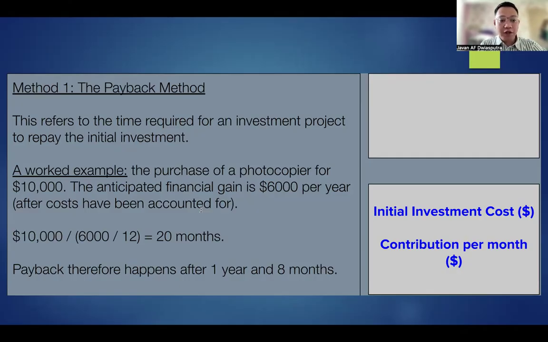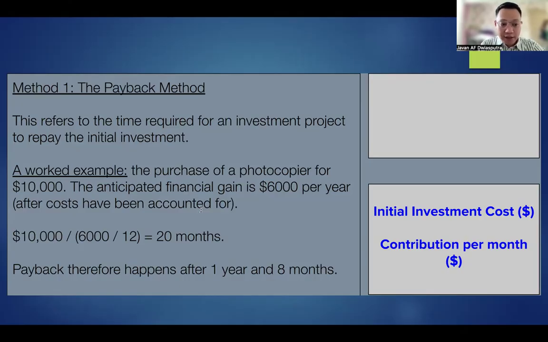Because the cash inflow is given per year but we want a more precise answer, we first convert this into monthly contributions. $6,000 per year divided by 12 months gives $500 per month.